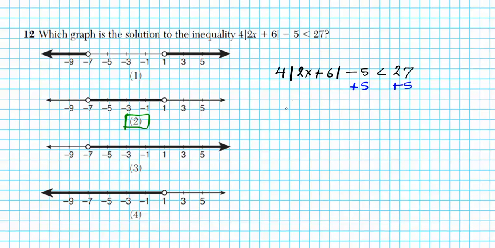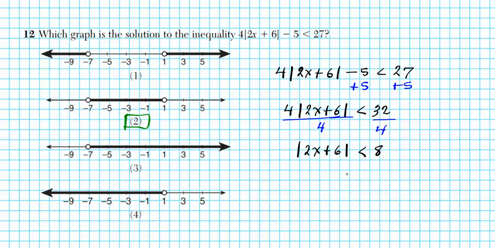That yields 4 times the absolute value of 2x plus 6 is less than 27 plus 5, which is 32. Divide both sides by 4. And then we have the absolute value of 2x plus 6 is less than 32 over 4, which is 8.